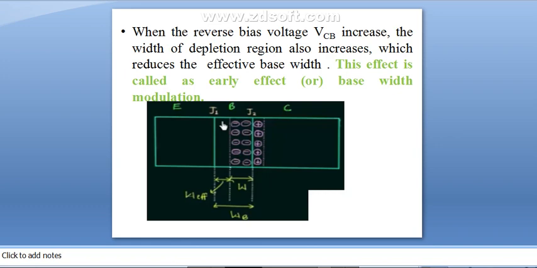So with the reverse bias voltage, the width of the depletion region increases, which reduces the base width. Here base width is going to decrease due to the reverse bias voltage. Okay, that is called early effect.